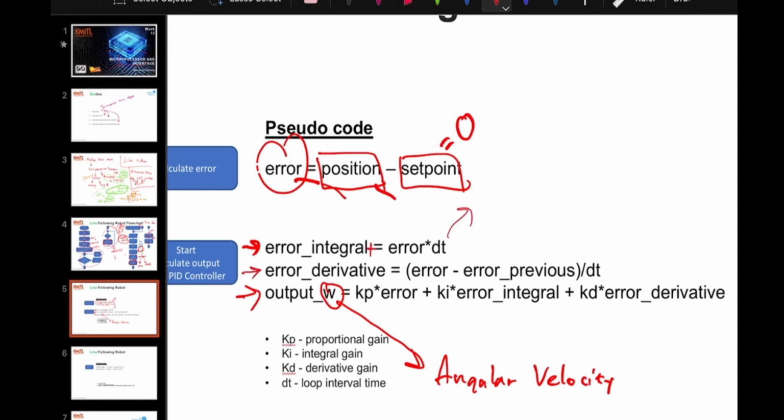It is from the frequency of the timer interrupt. But dt is the period. You can convert from the frequency to the period, right?